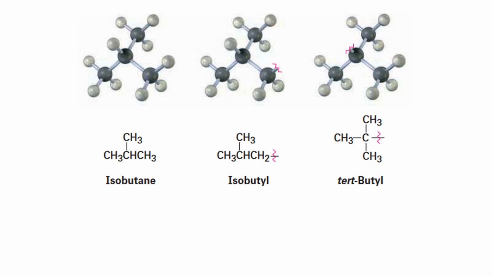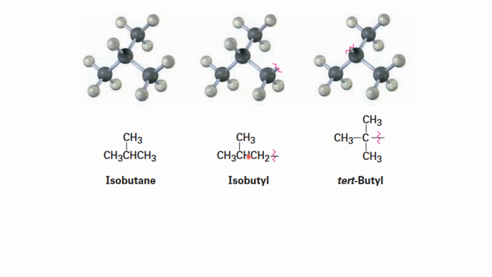This is isobutane. If the hydrogen that is removed is from a terminal carbon, you call it isobutyl. This is also isobutyl, since the hydrogen removed is from a terminal carbon.